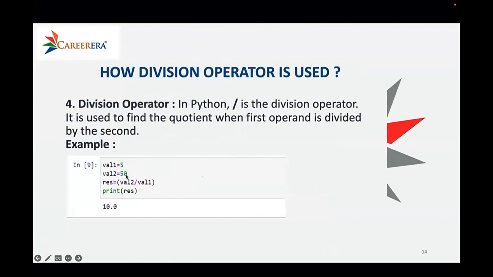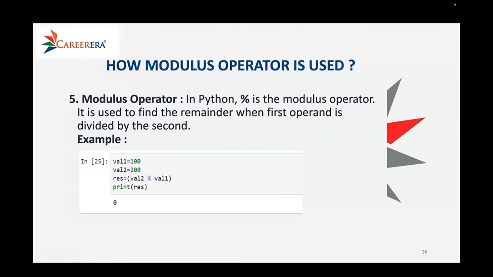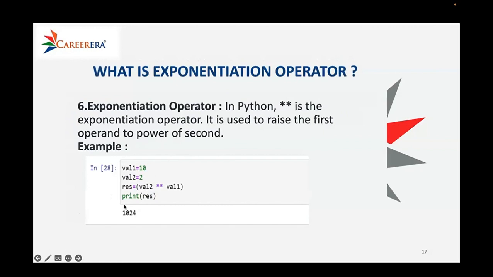Division: 50 divided by 5 is 10, so it is 10.0. It will always give you decimal point values. Modulus gives you the remainder. When you divide 200 by 100, you get 0 as the remainder. Exponential is to the power: 10 to the power 2 is 100. It's like a square: 2 squared is 4, 8 squared is 64. 2 to the power of 10 is 1024 by default.